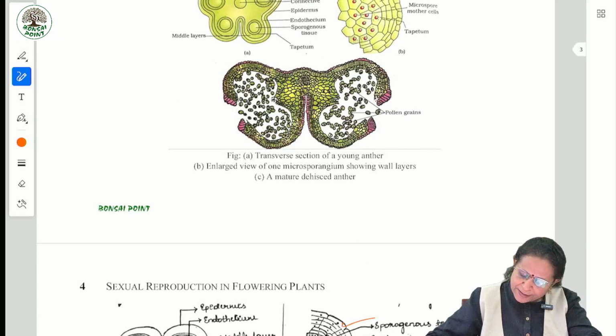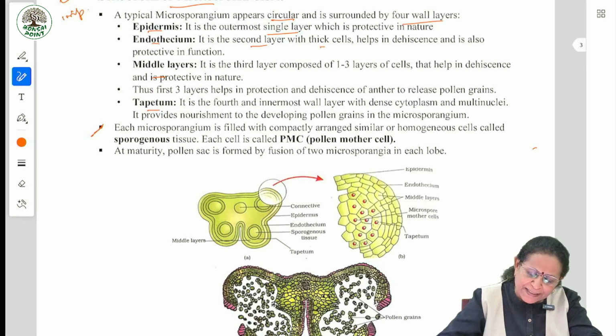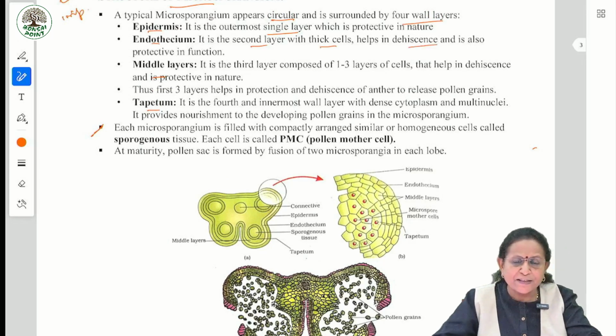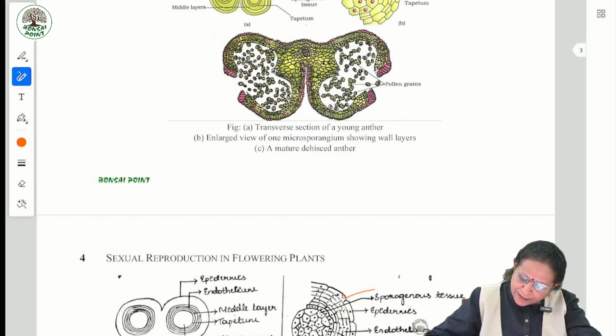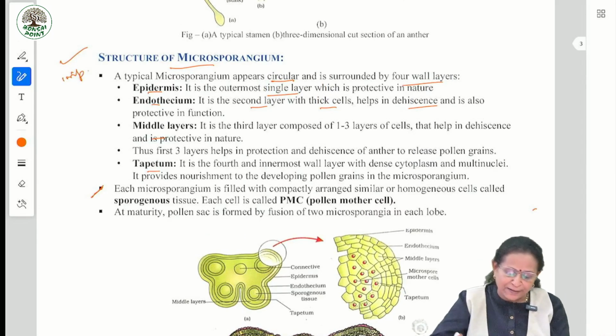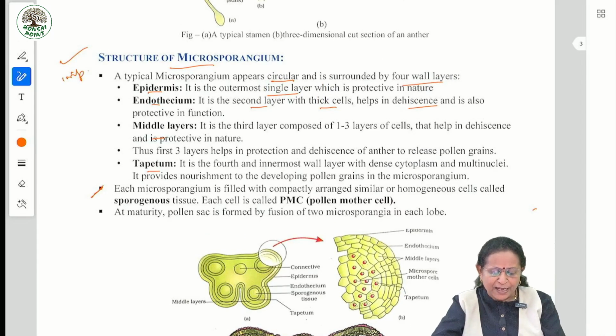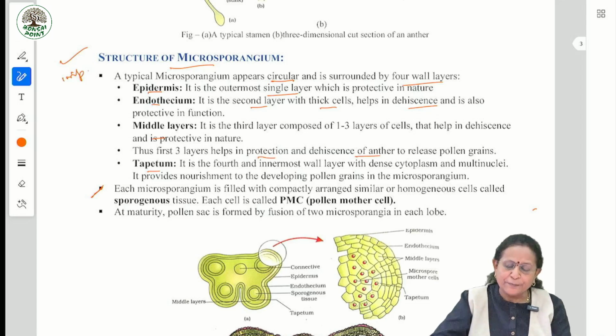Followed by that, we see the presence of endothecium, second layer, with thick cells which helps in dehiscence of anther and also in protection. Middle layers, 1 to 3 layers of cells are present here. They also help in dehiscence of anther and also they are protective in function. Thus, the first 3 layers help in protection and dehiscence of anther, that means to release the pollen grains.